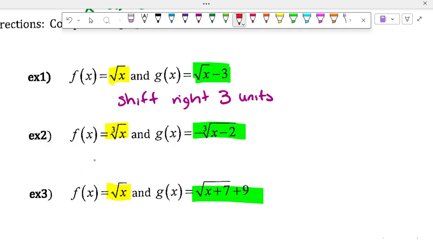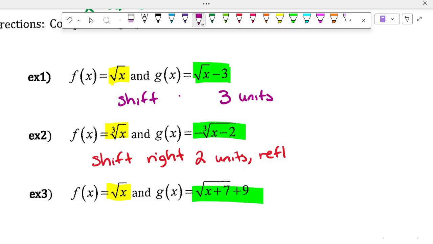So it shifted right 2. What else did it do? And it reflects over the x-axis or flips over x-axis. It's down 3. My bad. Because it's outside the radical.